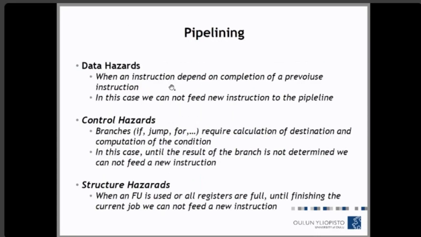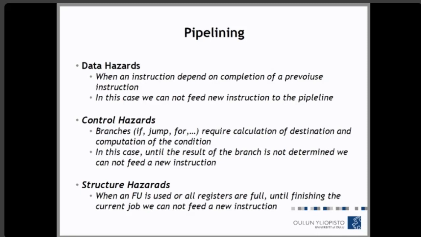Then we have control hazard. These are things like branches or jumps or for loops, because they have conditions inside, and those conditions usually are some mathematical operation. Something added to something else should be less than something. Then you jump or you continue the for loop, and those calculations need to be carried out.